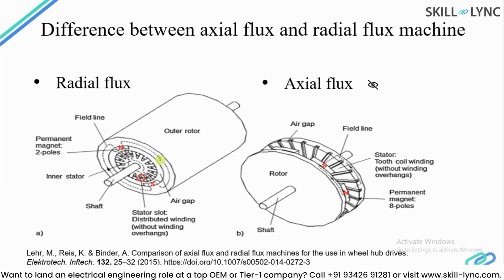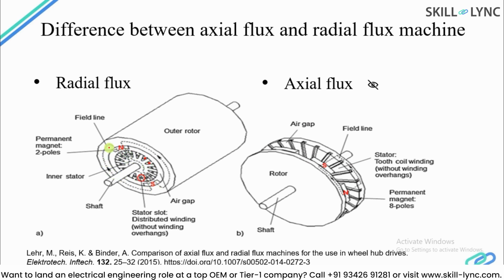So here you have the outer rotor and the inner stator, and basically the stator is having windings. So here you can see the winding parts, and all these windings are kept on the stator, and the rotor is consisting of two permanent magnet poles.